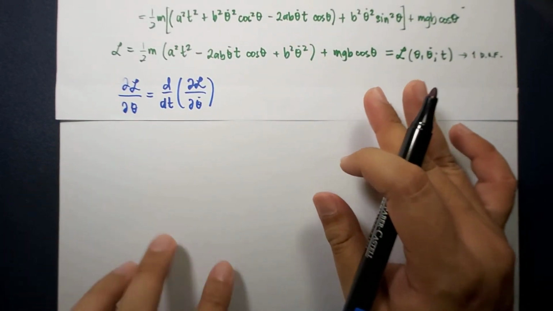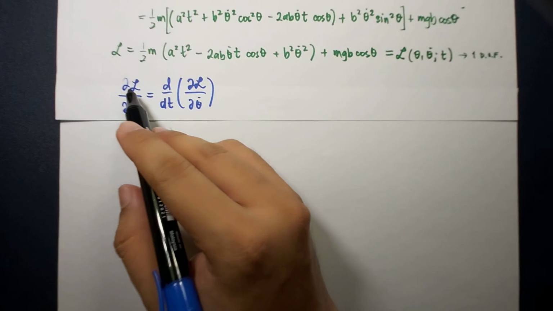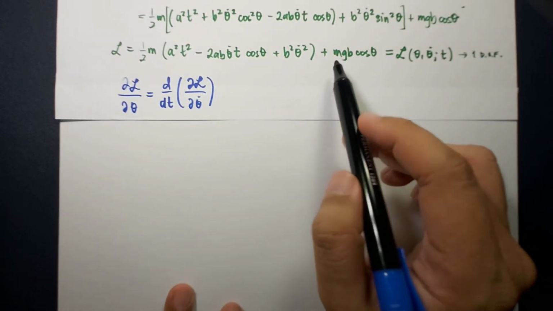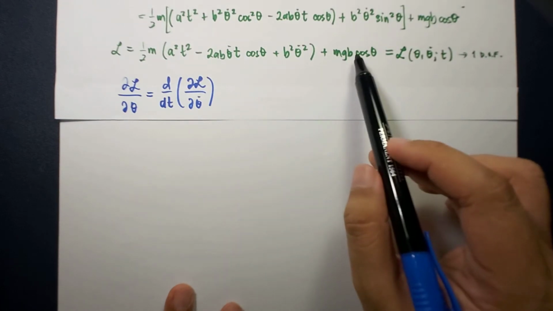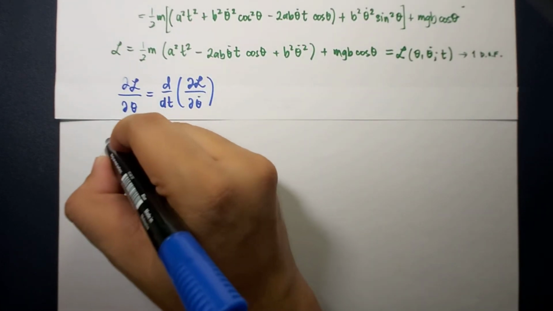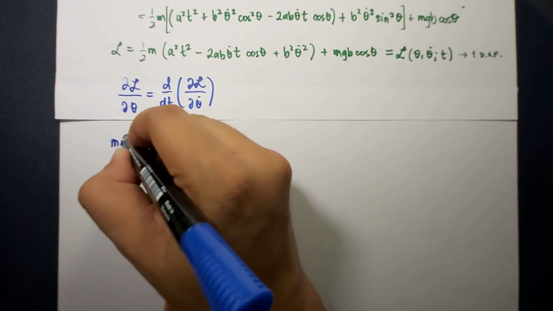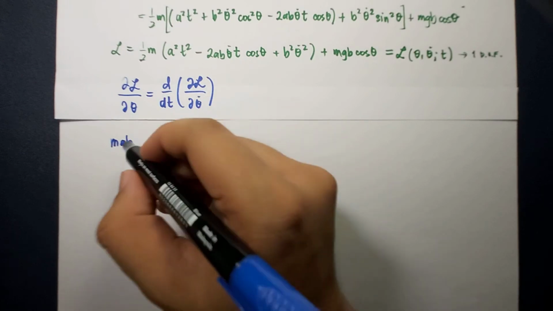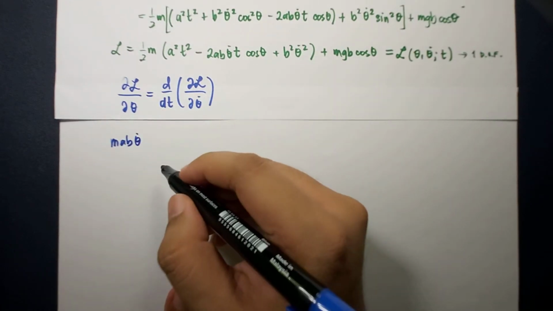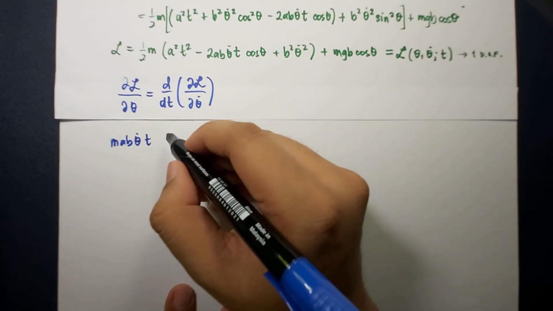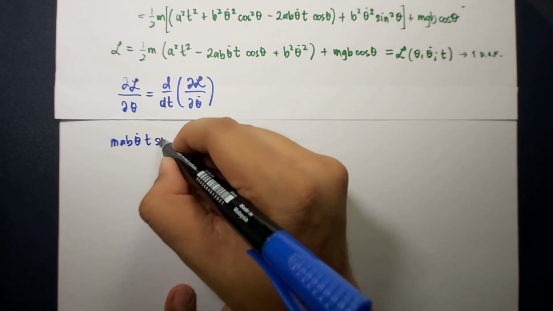Okay, so the partial derivative of L with respect to theta is, so this is theta and this is theta. So that's m a b theta dot t sine theta.